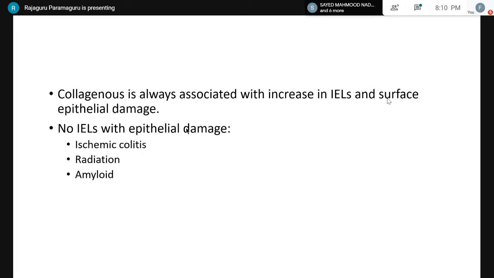So when you have subepithelial collagen thickening without increase in intraepithelial lymphocytes, you have to doubt the diagnosis because it might be due to some other cause, like an ischemic colitis, like what we had seen in the previous case, or it can be a radiation-induced colitis or amyloid deposition. So when you don't find the intraepithelial lymphocytes in a collagenous colitis, then you will have to think of other causes.